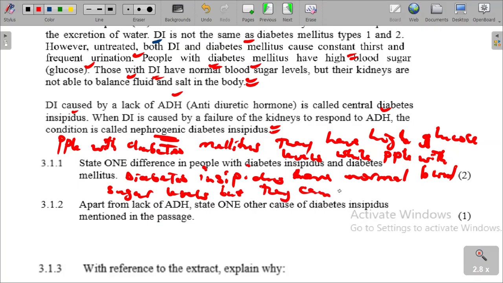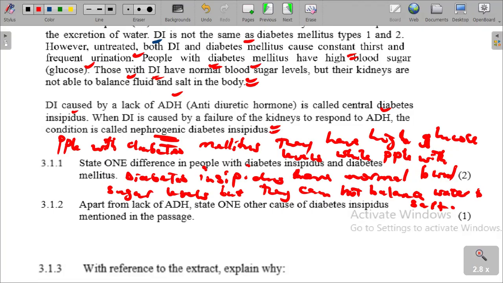They cannot balance water and salt in the body. So this answer is just there in the essay. That's what you need to understand.